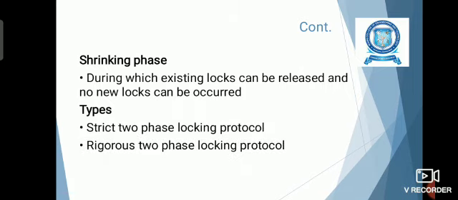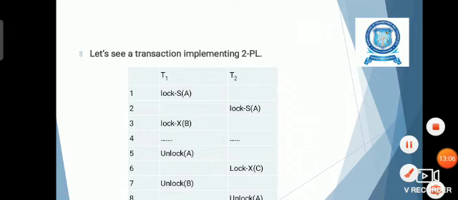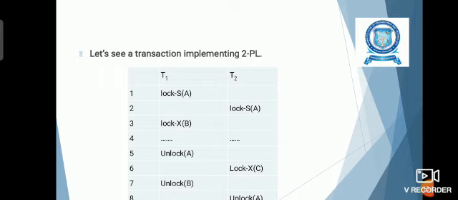So this two-phase locking protocol can be of two types: strict two-phase locking protocol and rigorous two-phase locking protocol. And now we can see the example for the transaction. So in this example, two transactions are there, transaction 1 and transaction 2.